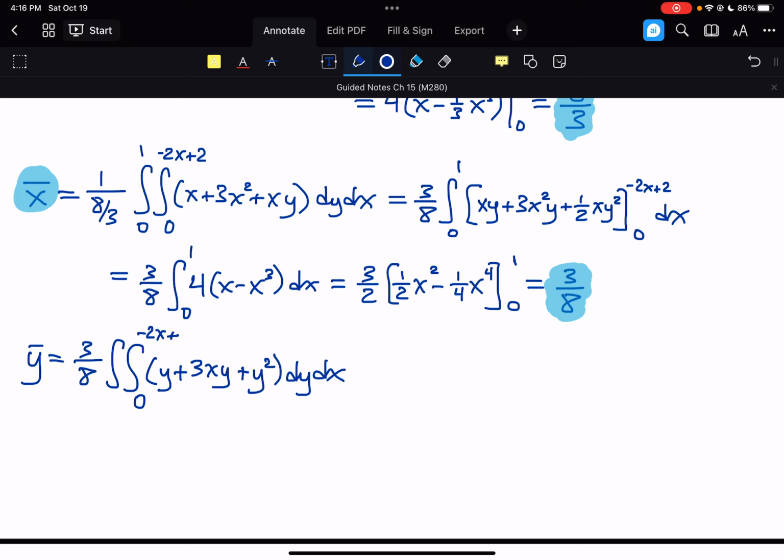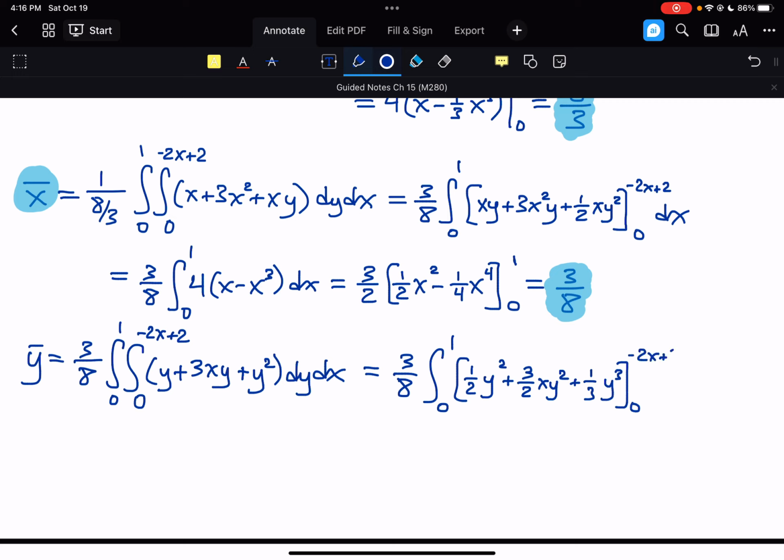And again, the region is the same, so the bounds will be the same. So we get 3/8 integral 0 to 1. We have 1/2 y squared plus 3/2 xy squared plus 1/3 y cubed from 0 to negative 2x plus 2 dx.